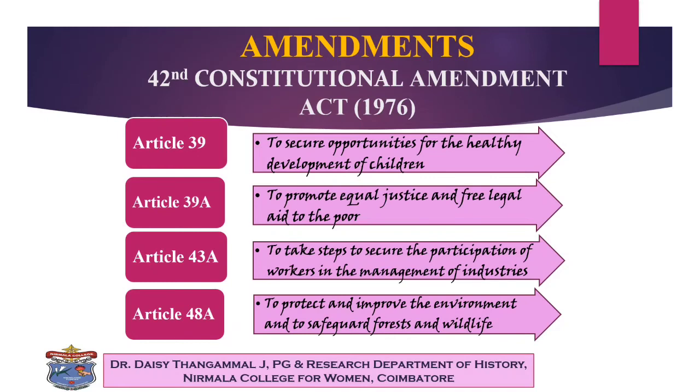Article 39A, to promote equal justice and to provide free legal aid to the poor. Article 43A, to take steps to secure participation of workers in the management of industries. Article 48A, to protect and improve the environment and to safeguard forest and wildlife.